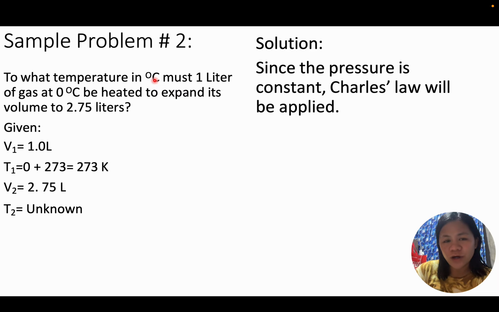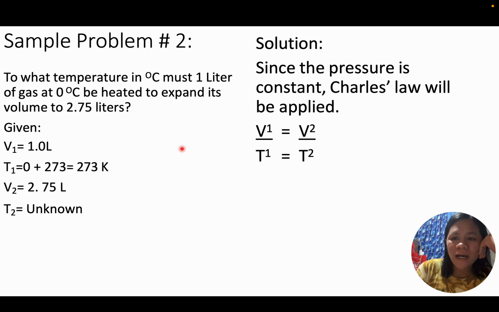So, for the solution, again, pressure is constant and actually, hindi naman siya na-mention. So, we're gonna use this. So, again, since T2 yung hinahanap natin and denominator siya, ang gagawin lang natin is to transfer ang mga nasa denominator sa kabilang side to the numerator.